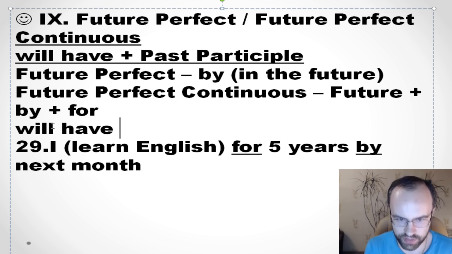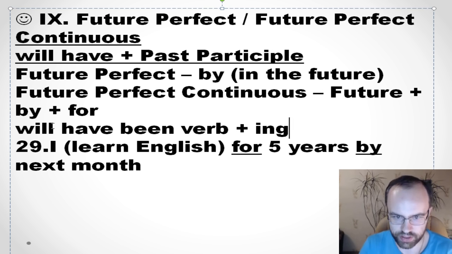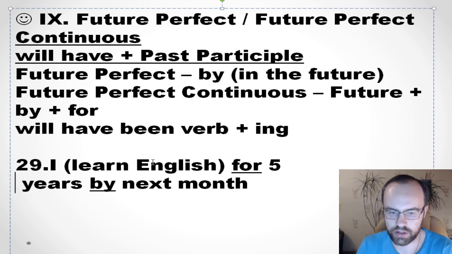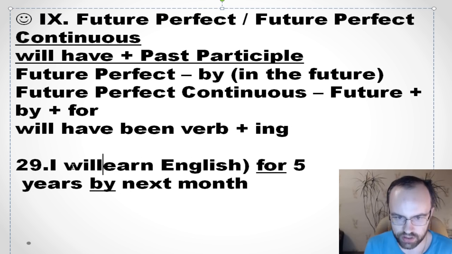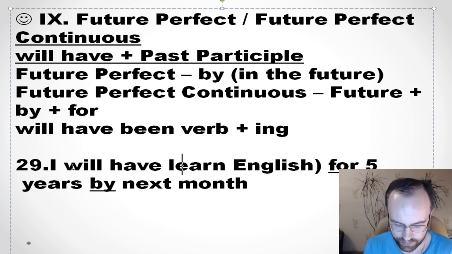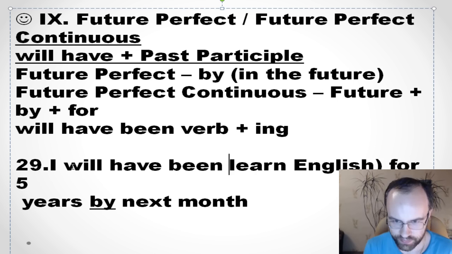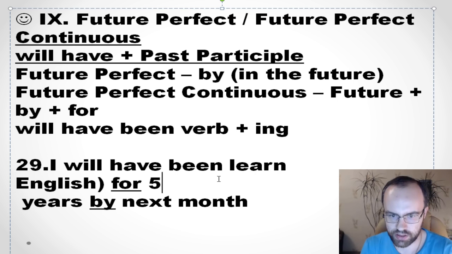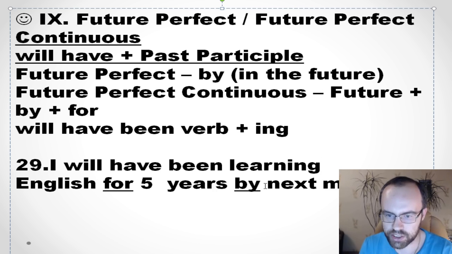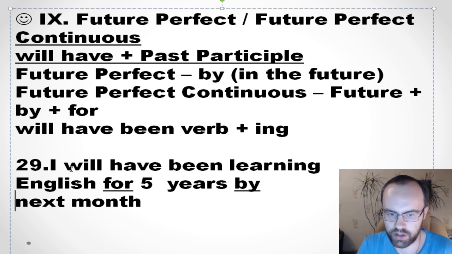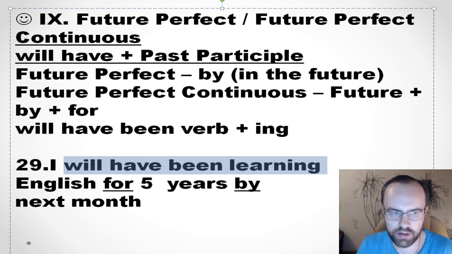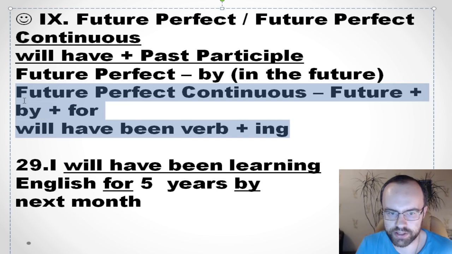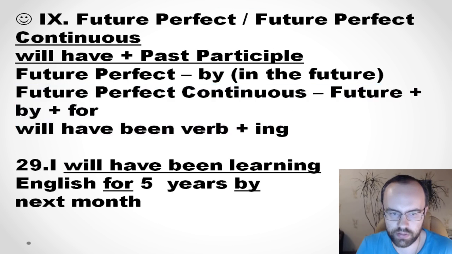It's will have been plus verb plus ing. Okay, good. So I will have been learning English for 5 years by next month. Will have been learning. Okay, please remember this structure. And the last one.